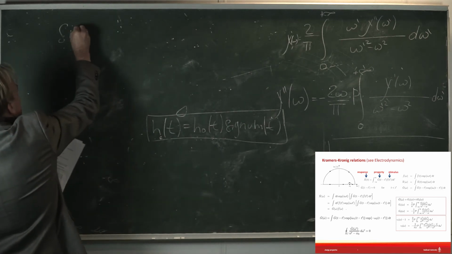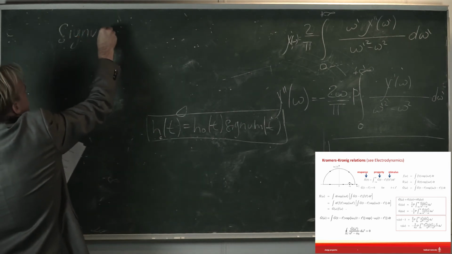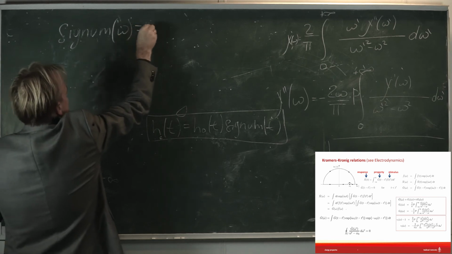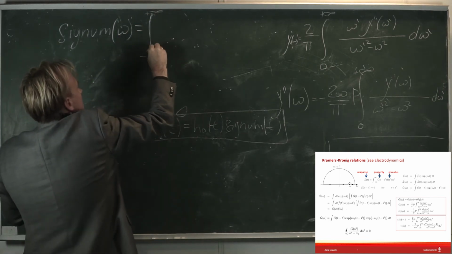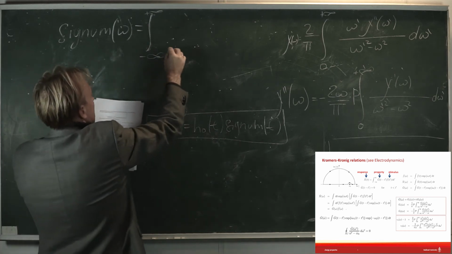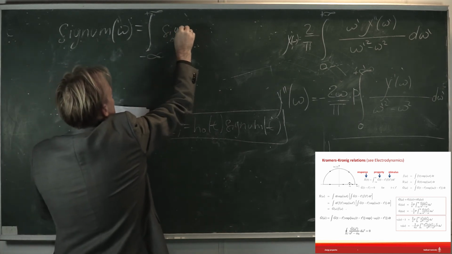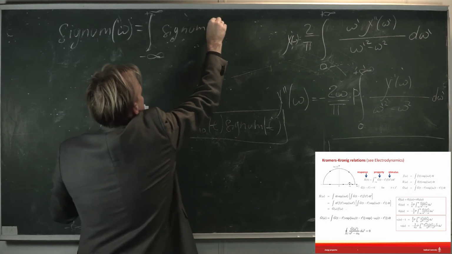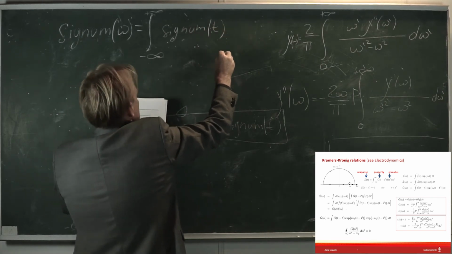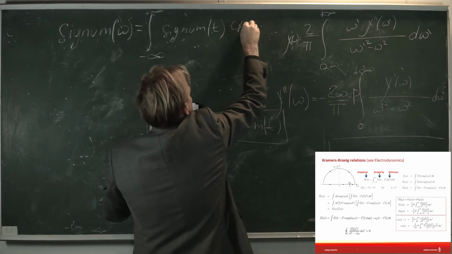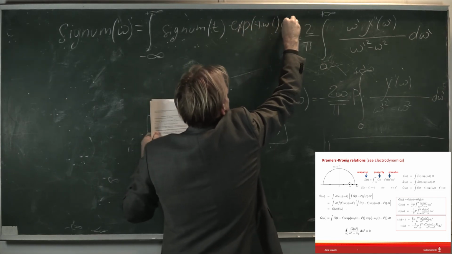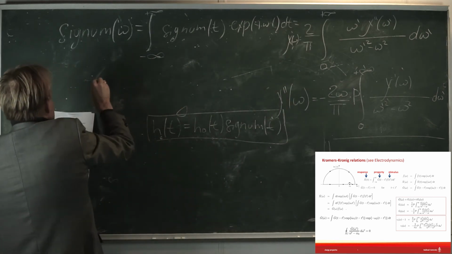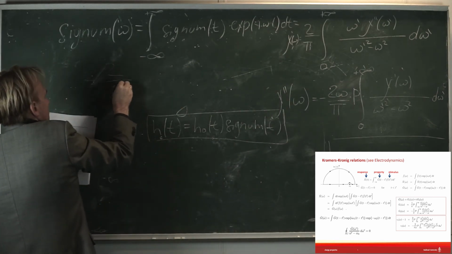So just the Fourier transform of this function signum, from minus infinity to plus infinity, is signum t times exponential minus i omega t dt, and it is equal to 2i.